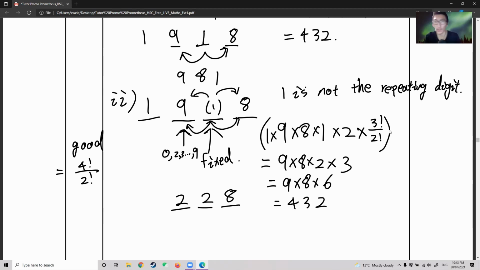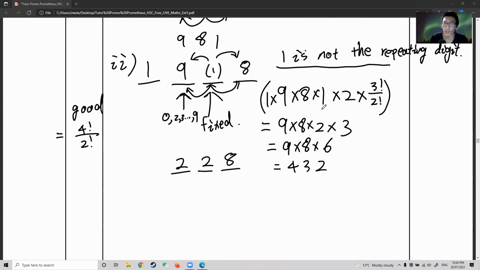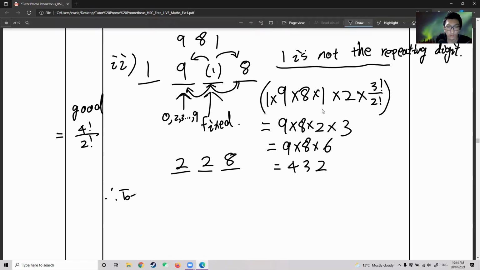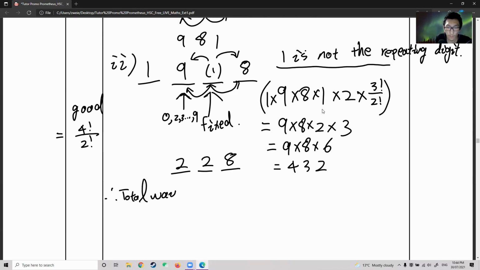Okay, but let's look back at it. We said originally that 1 isn't the repeated digit. So hence now we need to add when 1 is repeating. Therefore, total ways is equal to 1 being the repeating digit, plus 1 not being the repeating digit.